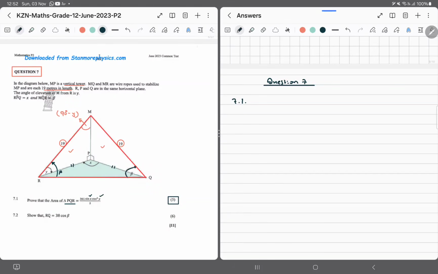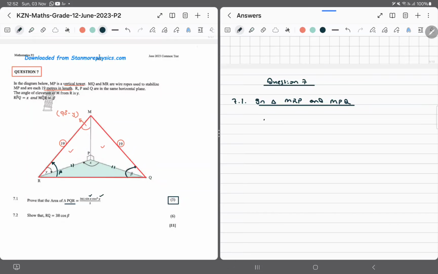What are we going to say? Well, we're going to say in triangle MRP and MPQ. I don't know if it is necessary, but we need to say it. What do we know?